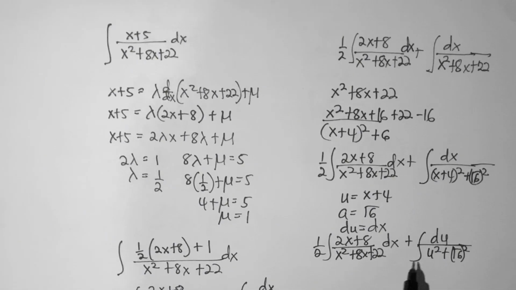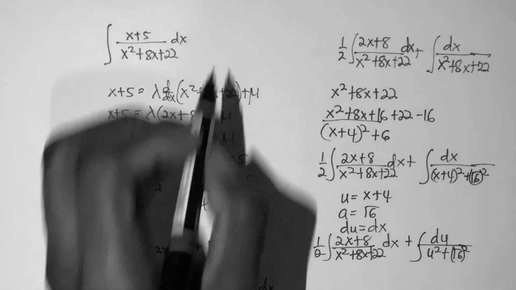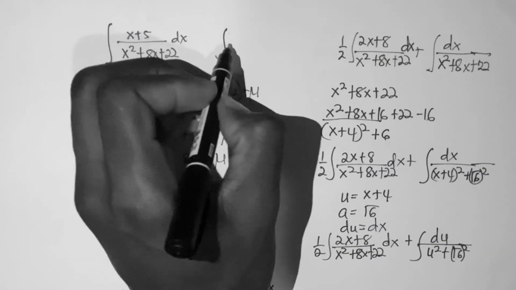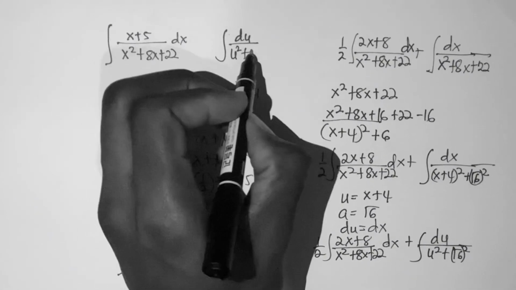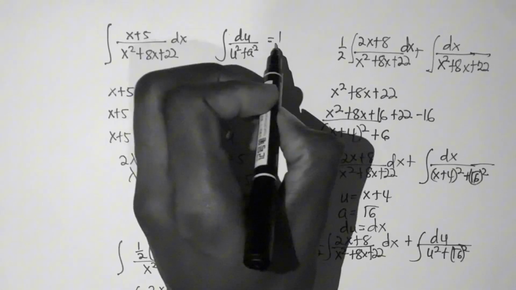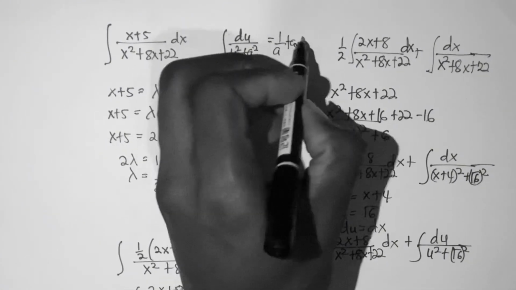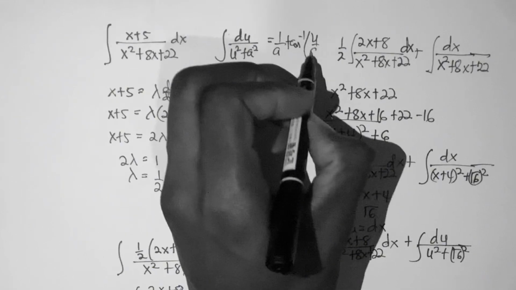And then remember that we have already said that the integral of du over (u squared plus a squared) is equal to 1 over a tan inverse of u over a.